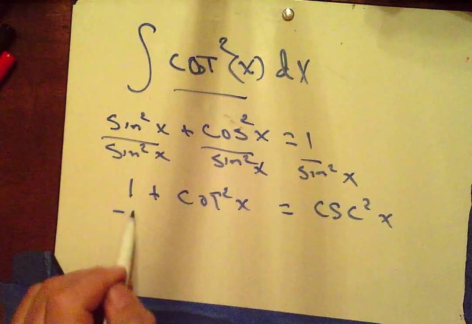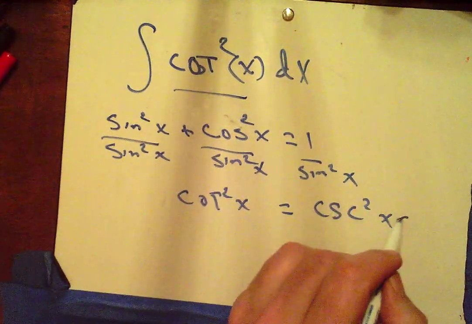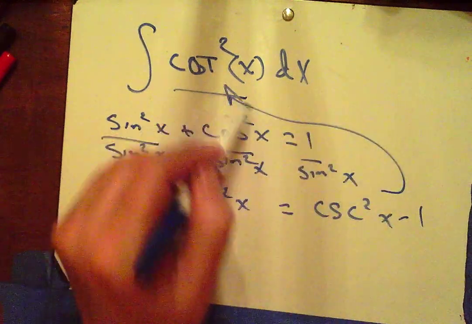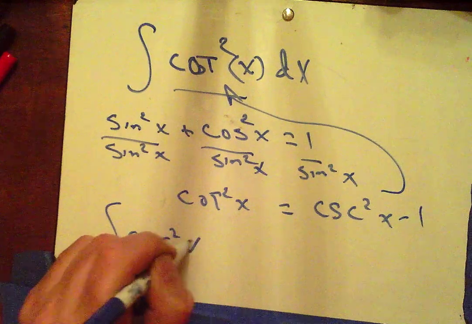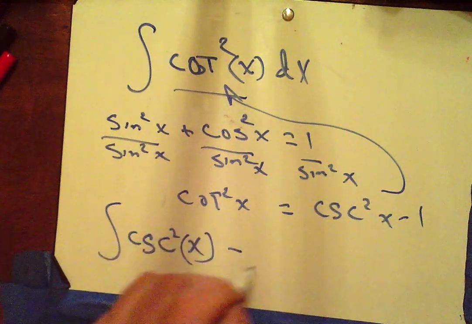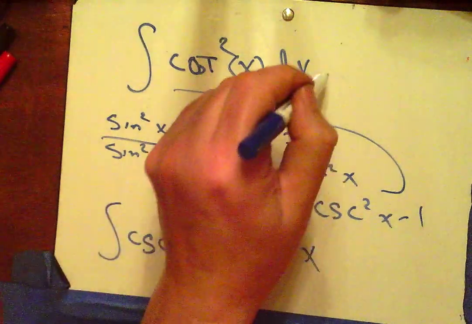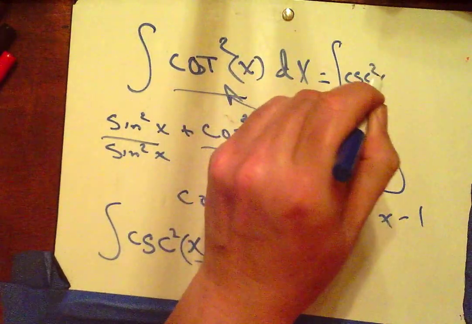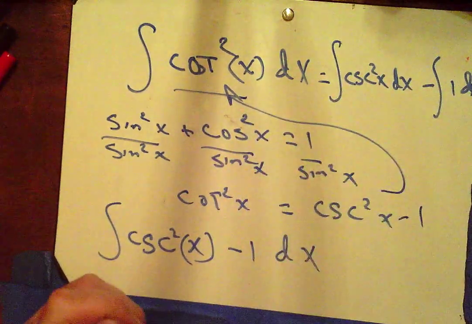Well, if I subtract 1 from both sides, I get that cotangent squared is cosecant squared minus 1. And that's what I'm going to replace. Cosecant squared x minus 1 dx. How does this help me? Well, let's split that into two integrals. We've got cosecant squared x dx minus 1 dx.